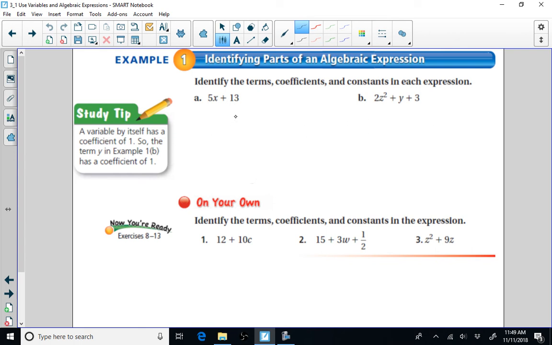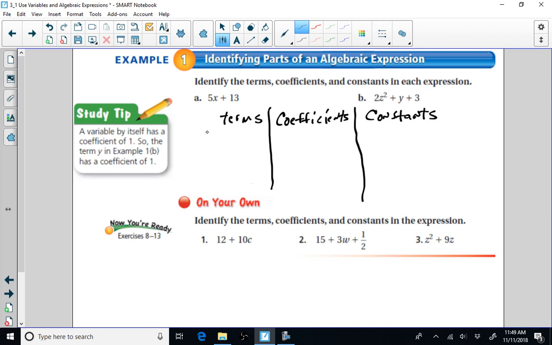I like to set up something that looks like this when we identify terms, coefficients, and constants. So I have terms, coefficients, constants.